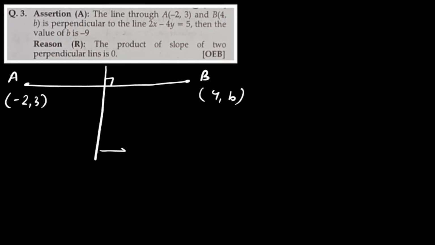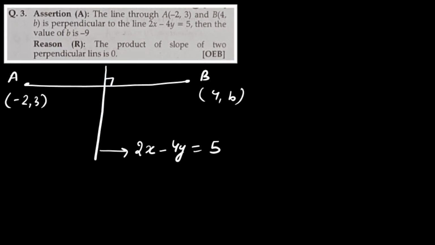One line segment is there whose endpoints A and B are given to us as minus 2, 3 and 4, B. Now they are telling us this line AB is perpendicular to another line, and this line's equation is given to us as 2x minus 4y is equals to 5. Then the value of B.